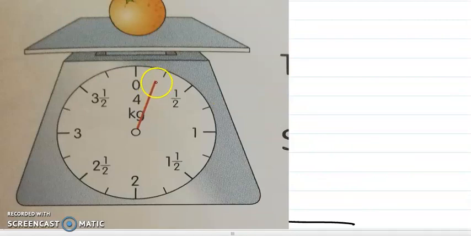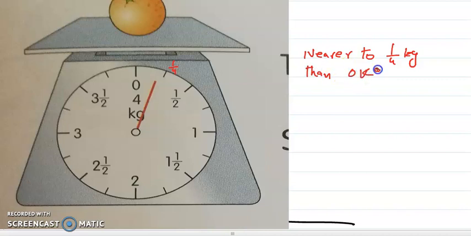Here I have another example. You can see at this time the pointer is between 0 and quarter. So I can say the pointer is nearer to quarter kg than 0 kg, because it is between these two numbers.